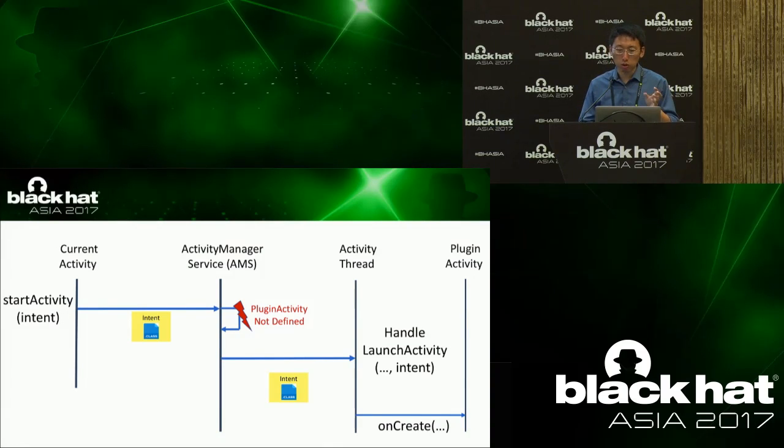But right now, with the joint plugin, we cannot put the name of each plugin activity into the host manifest file, because the plugin technology is generic. People can launch any APK file as a plugin. So when you create the host app, it's hard to predict what kind of APK file will be launched.